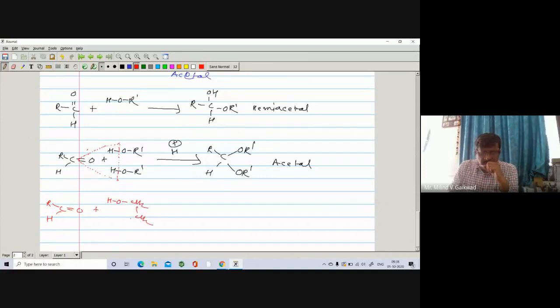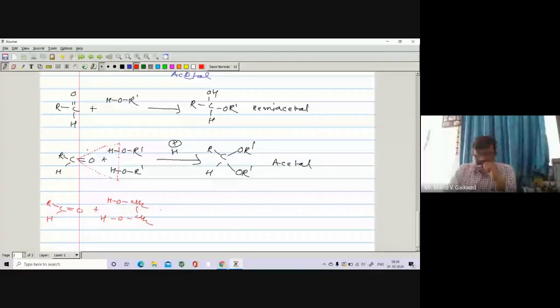Here is a CH2, CH2, and here is O and H. Means I have just replaced this R and R by CH2, CH2. We have joined it. So in the product also, you only have to join this R, R, means CH2, CH2. We get the cyclic acetal. There is a formation of cyclic acetal, and you get the corresponding compound.